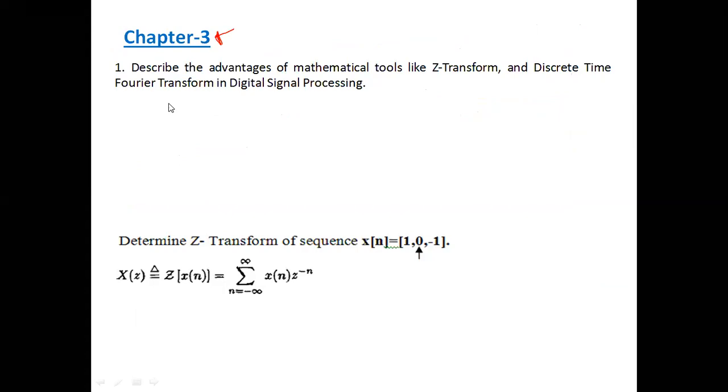Okay, so first question from chapter 3. What is the advantage of tools like Z transform, Fourier transform, DFT, FFT, fast Fourier transform, discrete time Fourier transform? In DSP, there are 2 methods. Time domain method, like convolution sum.